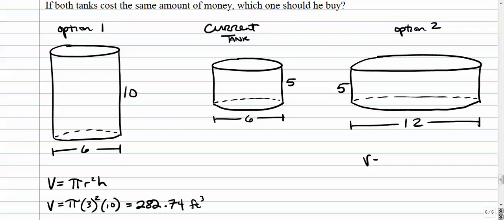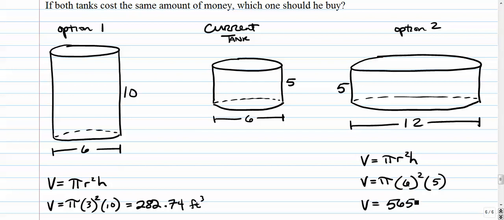And the volume over here for the second option is pi r squared. R is 6 in this case, and height stays the same. So it's pi times 36 times 5 is 565.487 cubic feet.